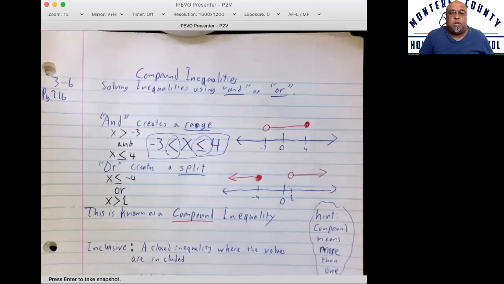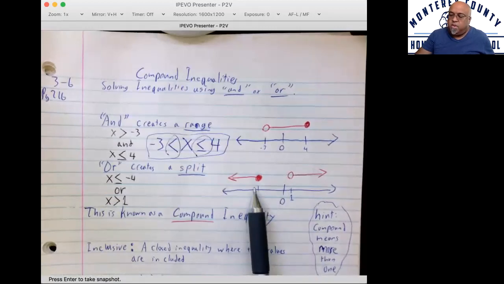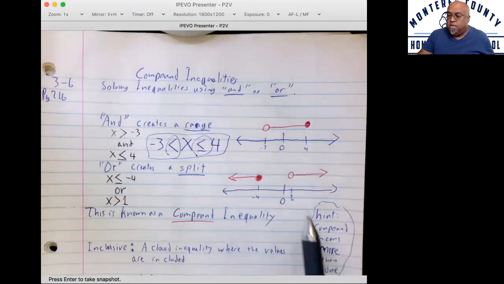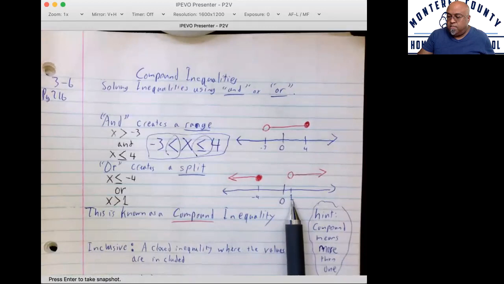You will get inequalities where you have a split. Now, all the split means is that the value of X can be lower than -4 in this case. It can also be higher than 1, okay?